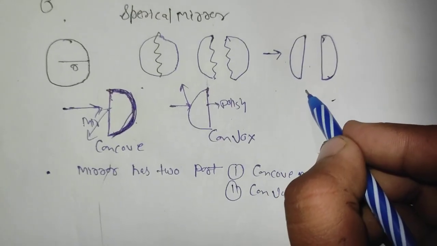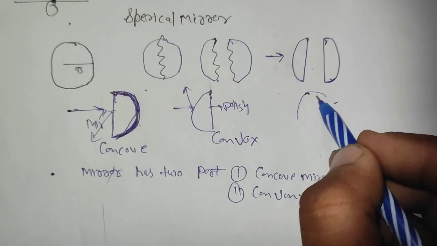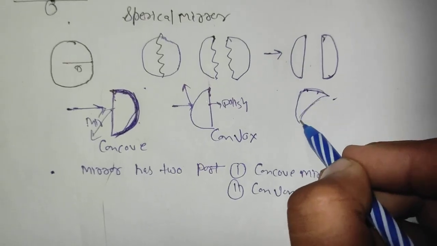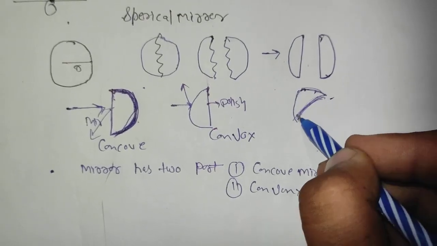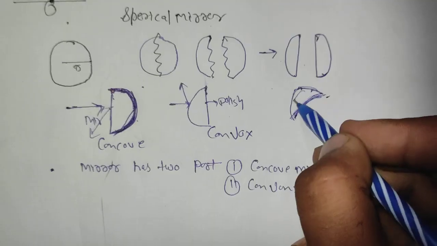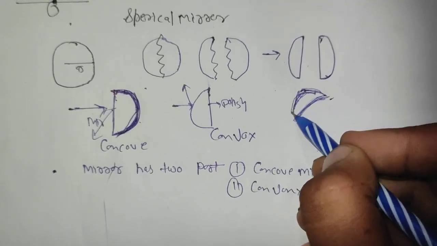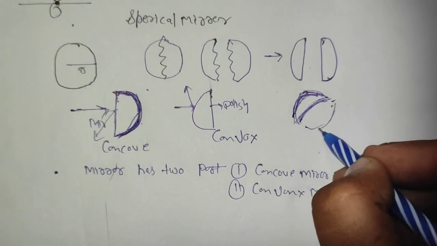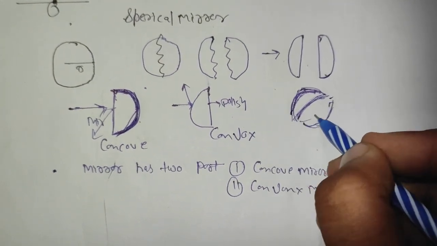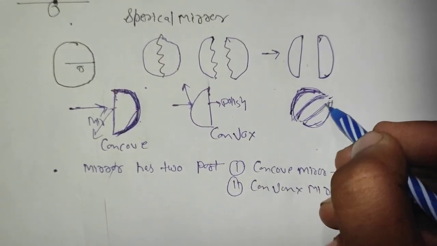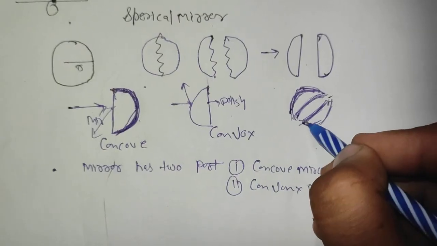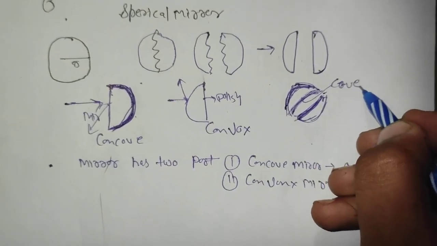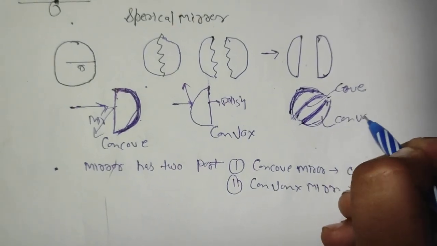I am not good at drawing. So this type of structure is concave, and the second type of structure is convex, where the polished area is here.